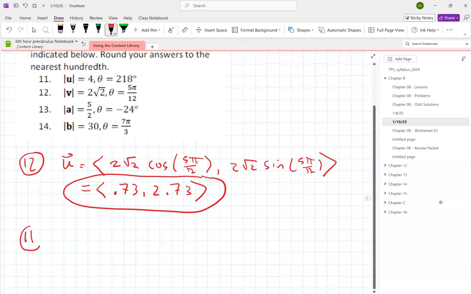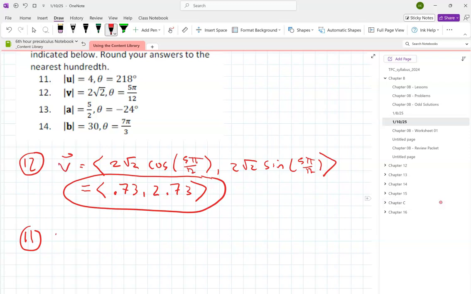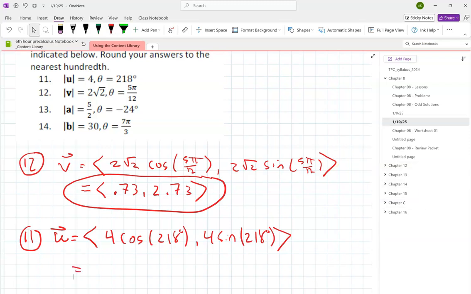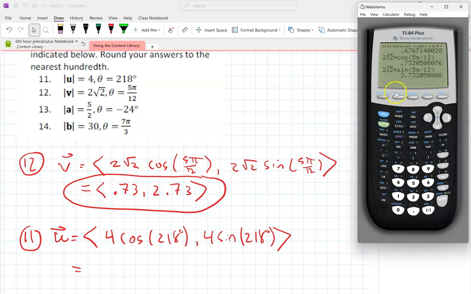Okay. Tia, you said you wanted to do 11. Oops, that was V that I wrote. This is U. So 11, same idea. We're just going to have 4 times cosine 218, comma, 4 times sine 218. But what do I have to remember? This time my angles are in degrees, so I'm going to have to change my calculator mode back.